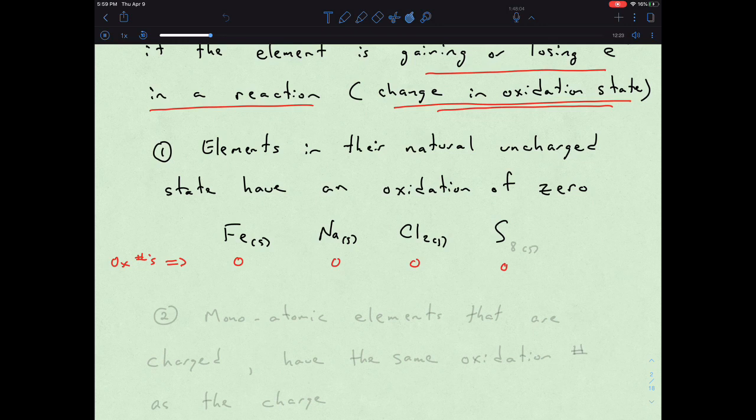Sulfur here is kind of the weird one, because it exists as an octamer, or S8. And it also has, again, that 0 oxidation number. So that's the first rule.